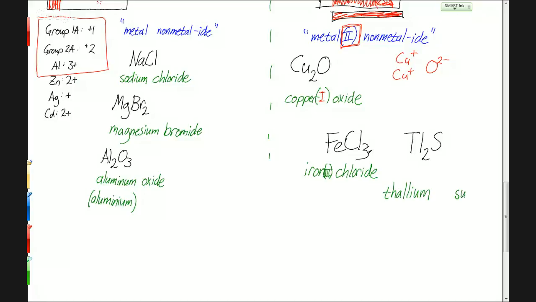So yes, this will be thallium sulfide, but what is the number that we put in there? 1, right? Because the sulfide we know is -2, and that means we need +1 on each thallium because there's 2 thallium ions there. Okay.